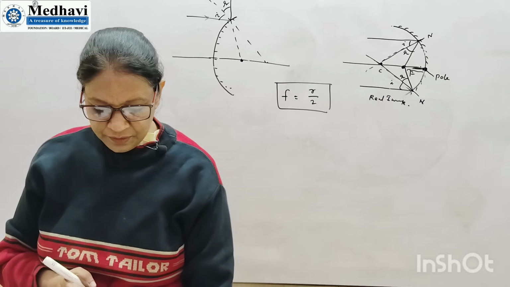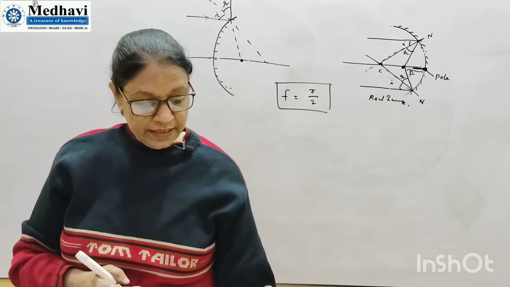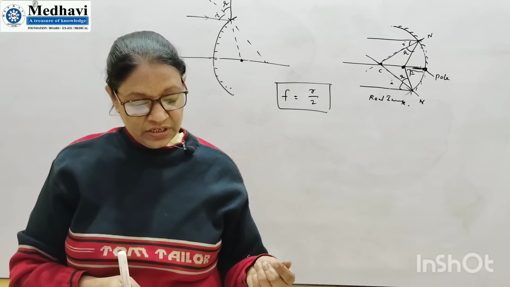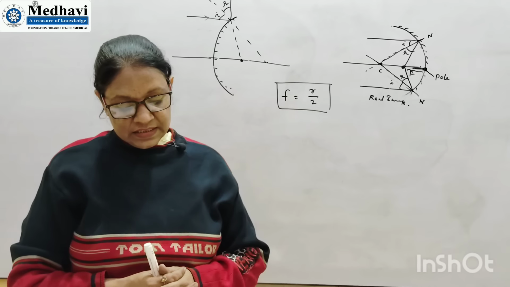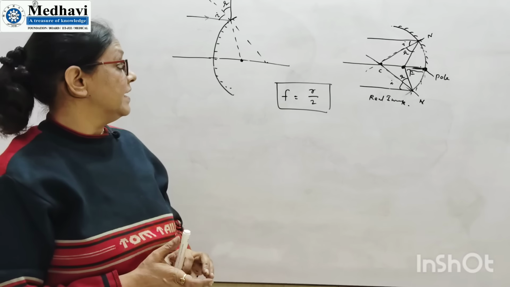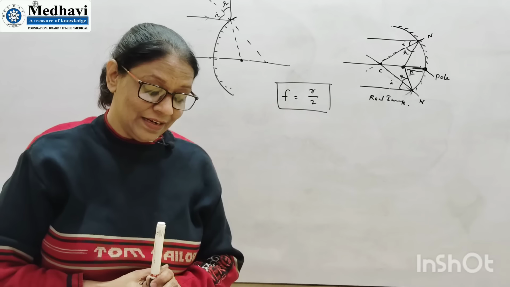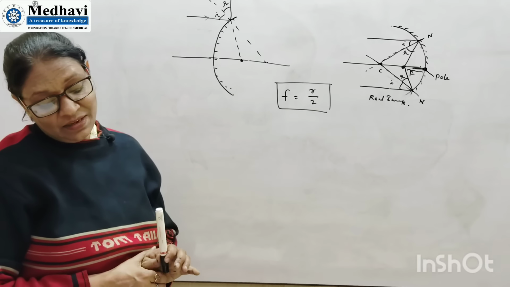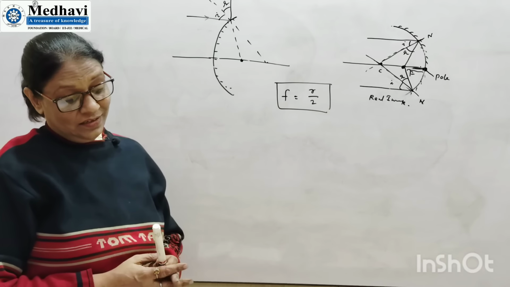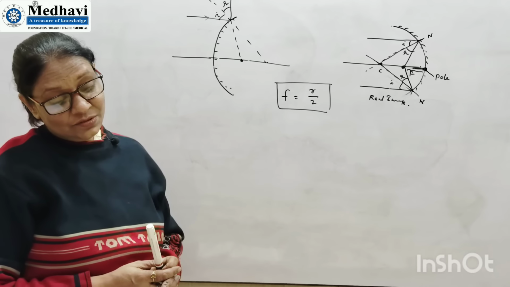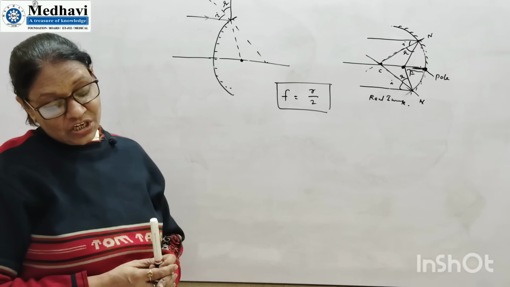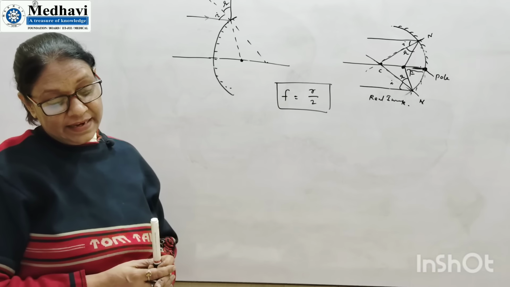After that, the next point is convenient rays for construction of an image by a ray diagram. This is very difficult, and this is very important.